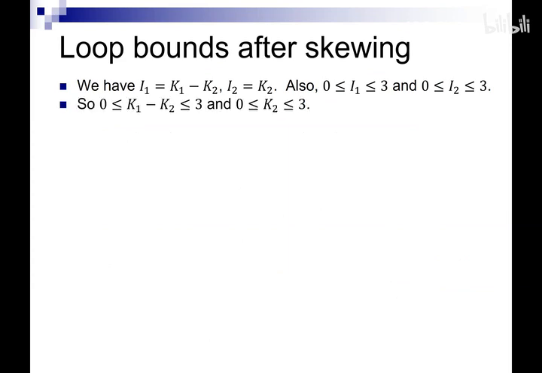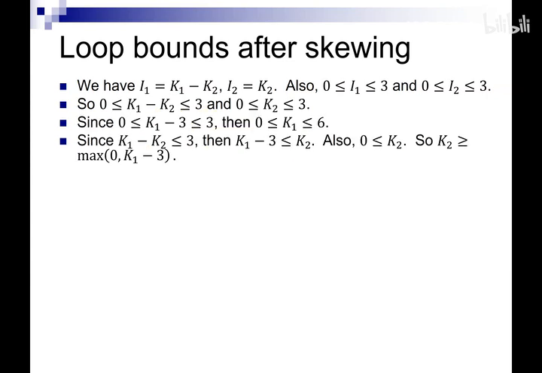If you plug that in, K1 minus K2 equals I1, so this is between 0 and 3, and K2 is also between 0 and 3. Since K2 is at most 3, K1 is at most going to be 6. So K1 is between 0 and 6.